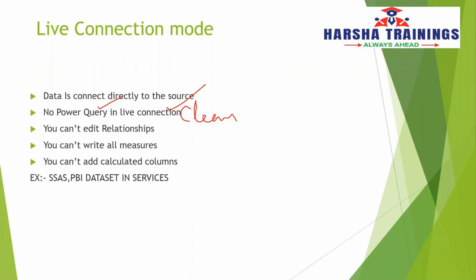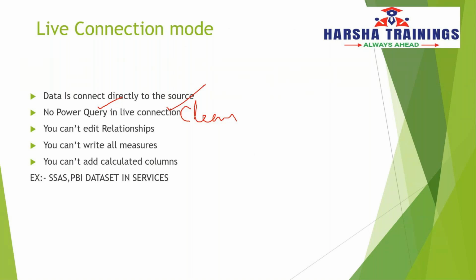There is one service there, and from there you give a connection to Power BI. Now you cannot write measures, which means DAX functions are not supported in live connection mode.